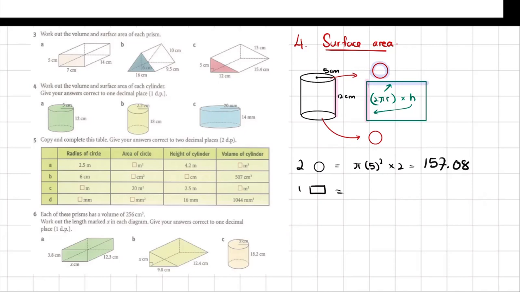And then the rectangle will be 2 pi 5 times 12, 376.991. And just add them together for question A. Hope that you get it right.